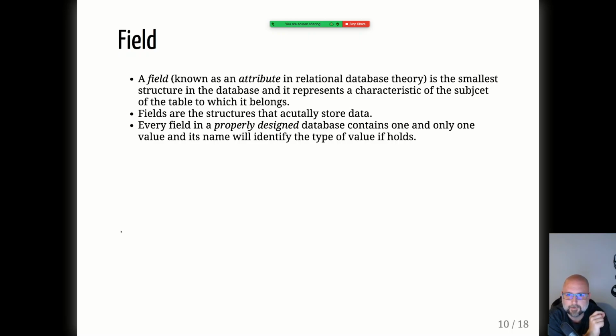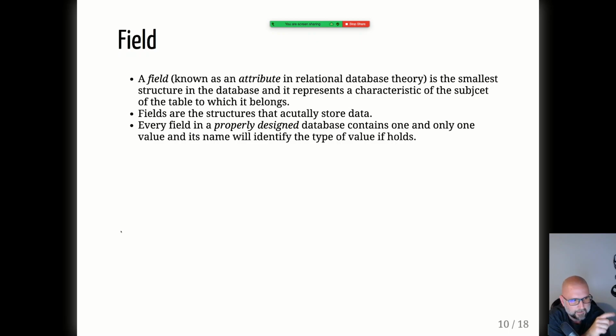But I'm sorry, let me redo this. The field is the attribute of the record. I totally said that wrong. Attributes are the record of the table. The field is where that value is stored on the record.